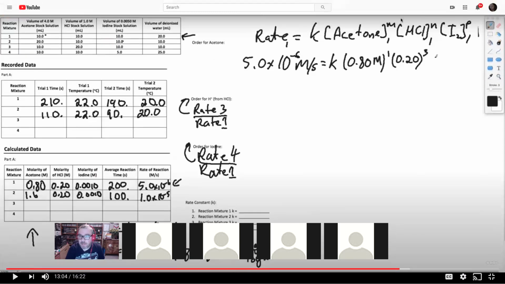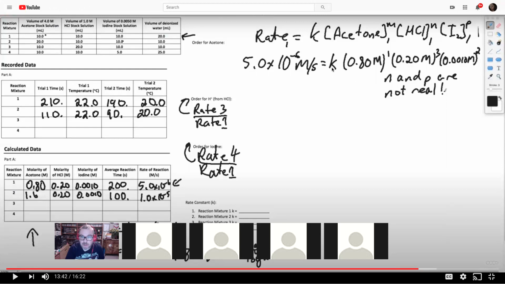So I came up with M, N, and P as being 1, 3, and 2. But the 1 is actually right, but the 3 and 2 aren't right. Those are not real. But you'll have to figure those out yourself using the same method as I put down in this video here. Anybody got any questions?